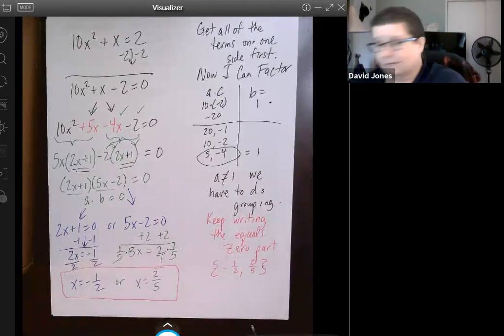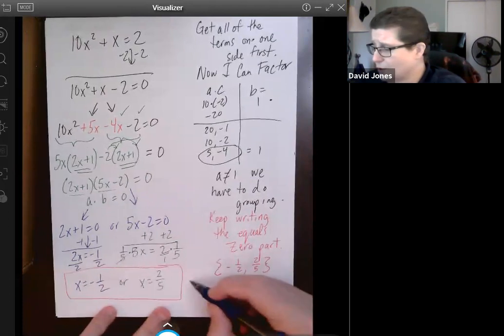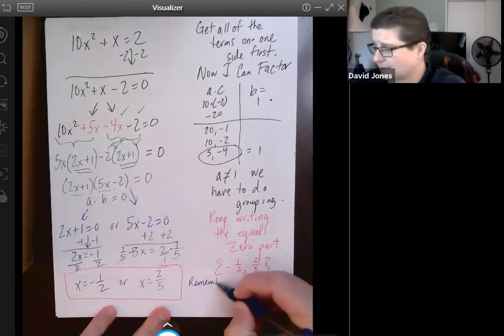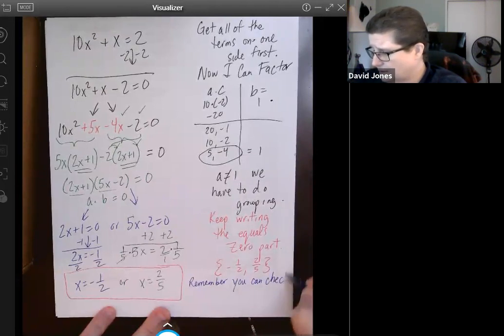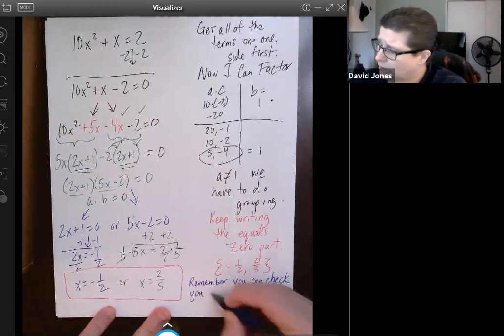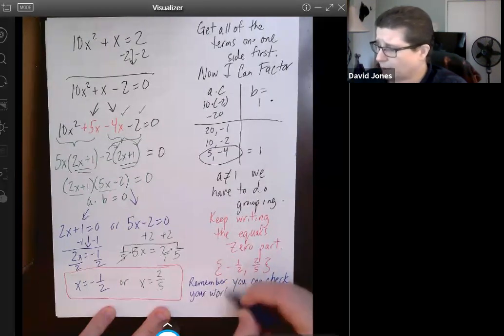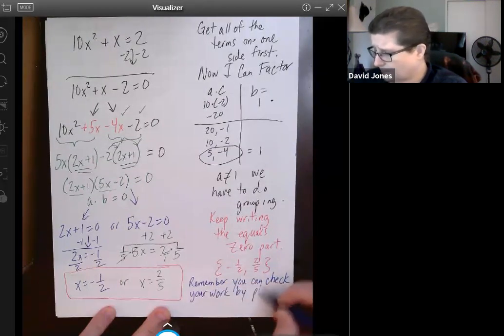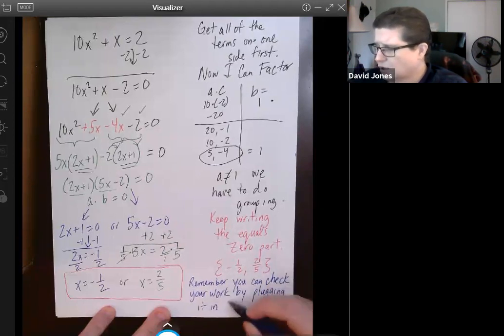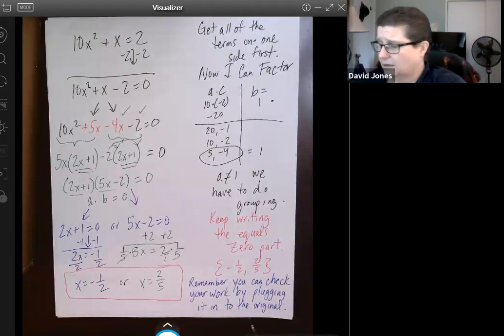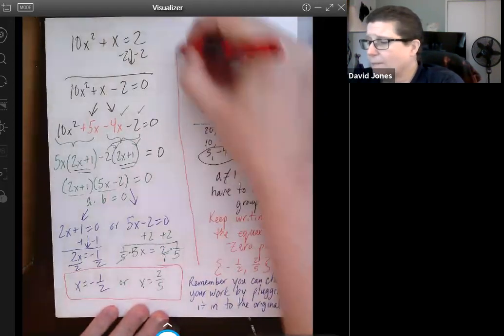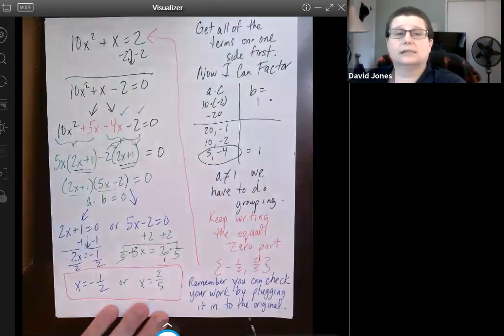And the only thing I really want to emphasize here is remember you can check your work to see if it's correct. You check your work by plugging it into the original equation. Plug it in all the way back up there and make sure it works.